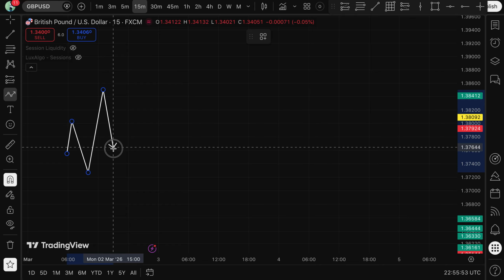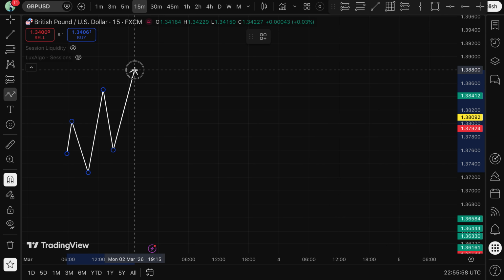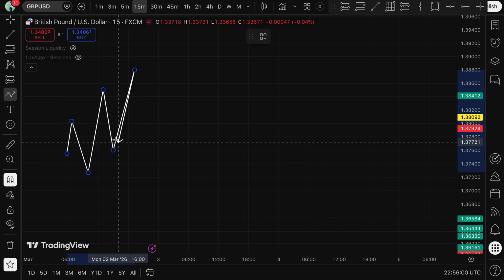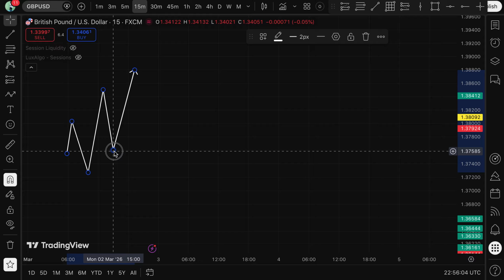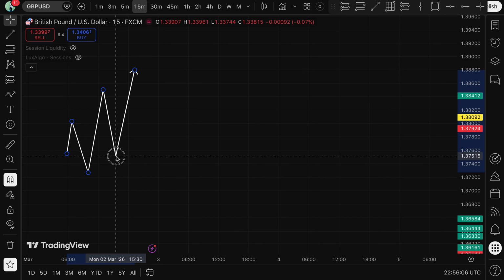Another thing, this Quasimodo pattern is actually popularly known as reclaim block. So yeah, this is just an example of it.